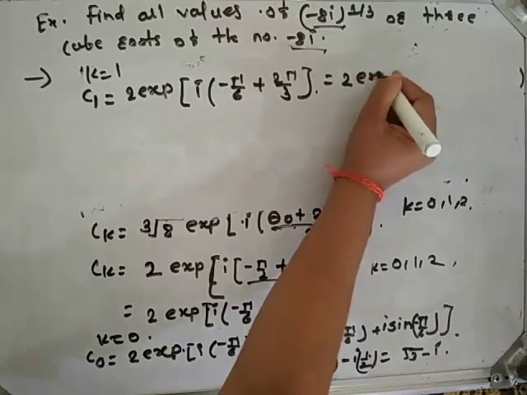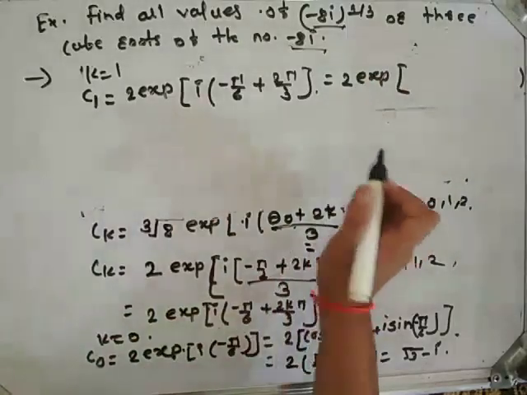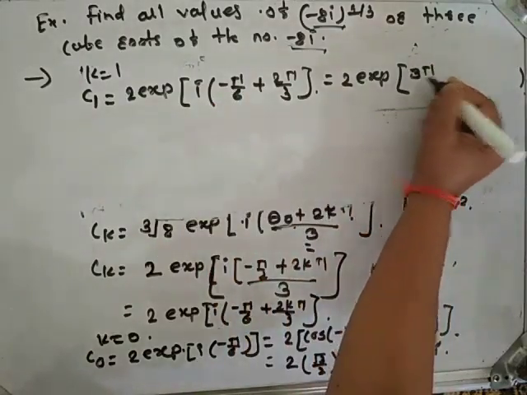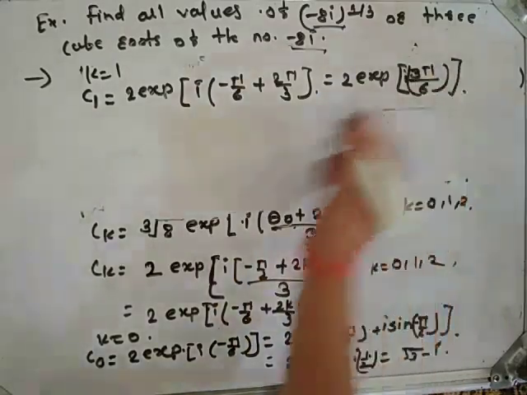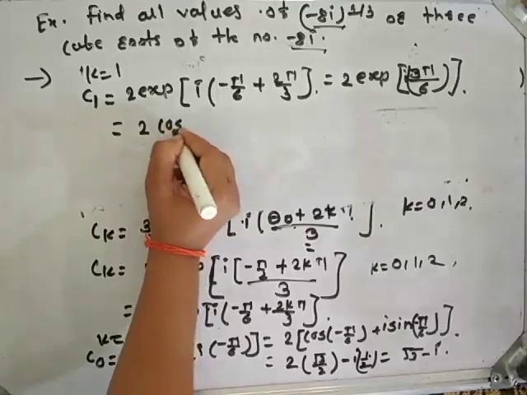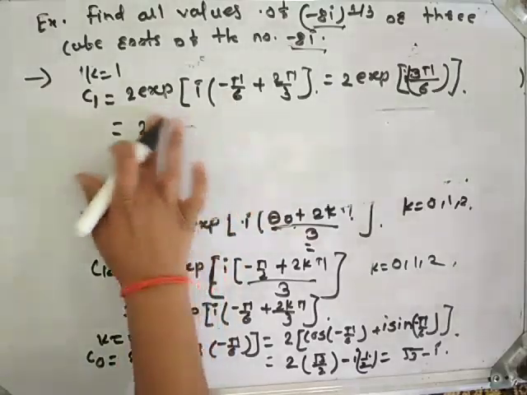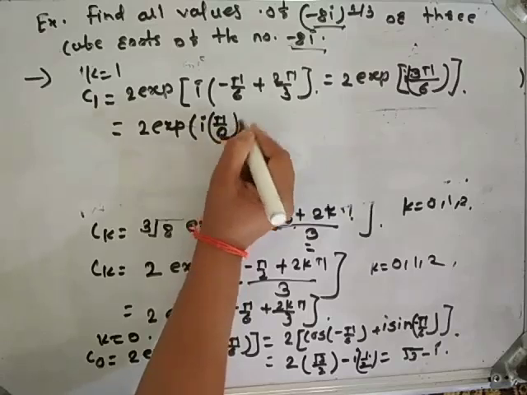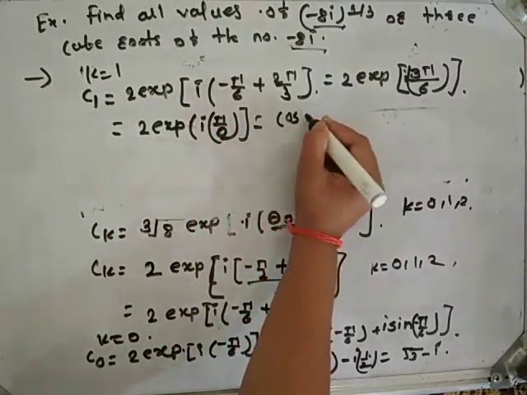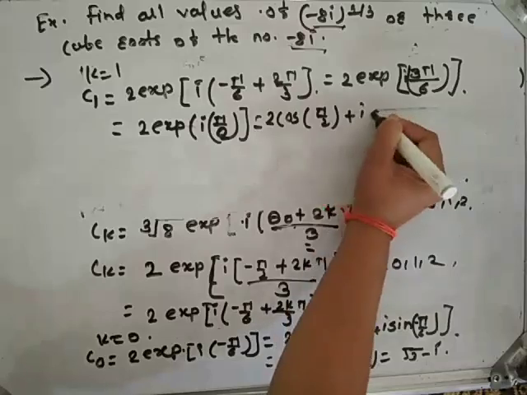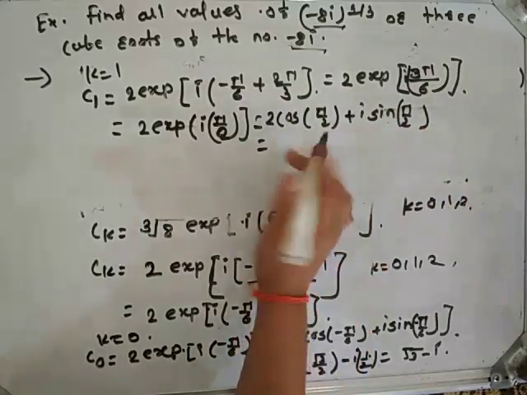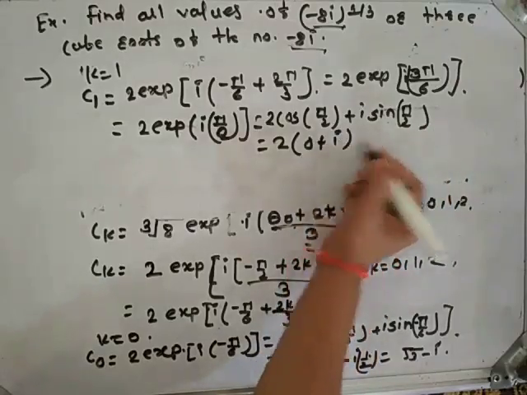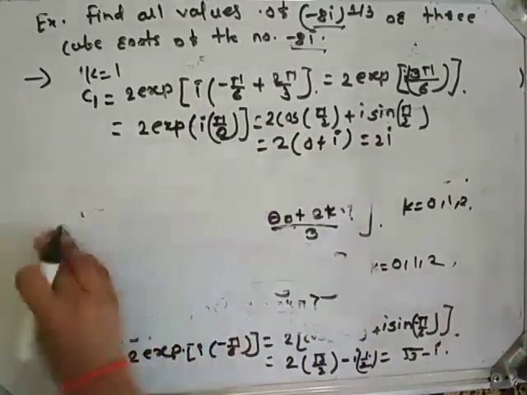Simplifying, this is 2 exponential of i pi by 2, which is 2 into (cos pi by 2 plus i sin pi by 2). Cos pi by 2 is 0 and sin pi by 2 is 1, so this is 2i. The second root is 2i.